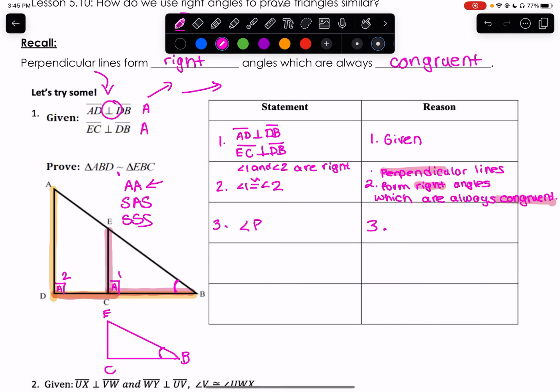Now I just have to say that angle B is congruent to angle B, and we use the reflexive postulate. And now I can say my proof statement, triangle ABD is similar to triangle EBC. And my reason here is AA similar to AA.